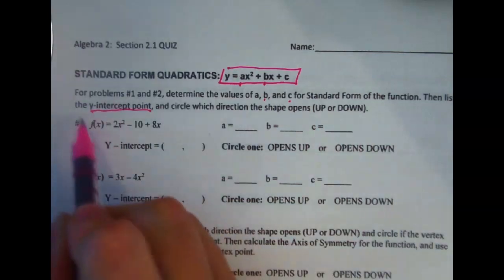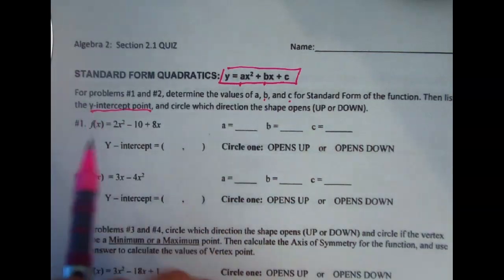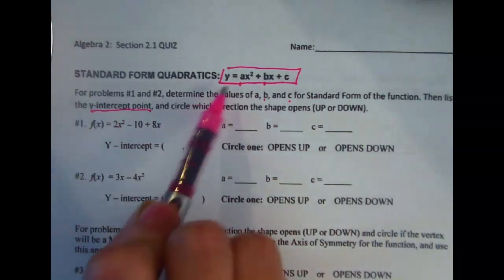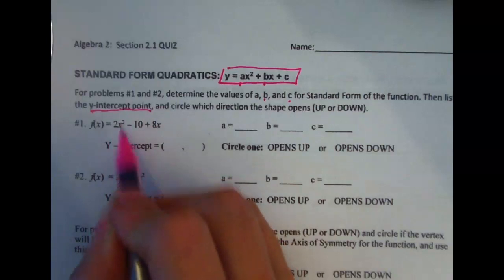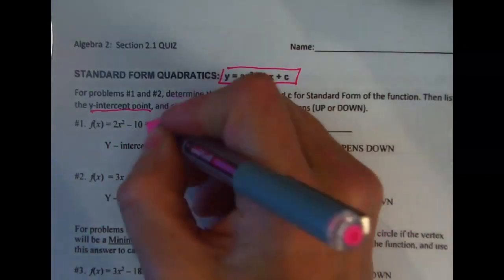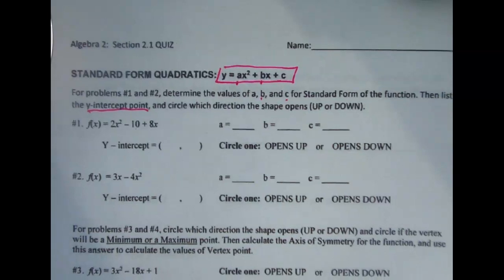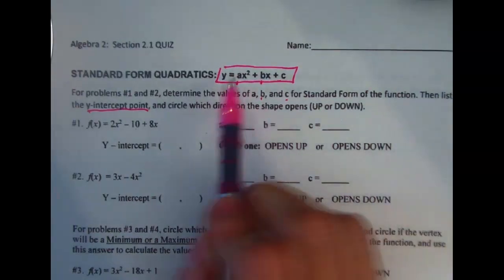So here is our first quadratic in standard form. 2x squared minus 10 plus 8x. Now be careful, you want to make sure it is in standard form first.